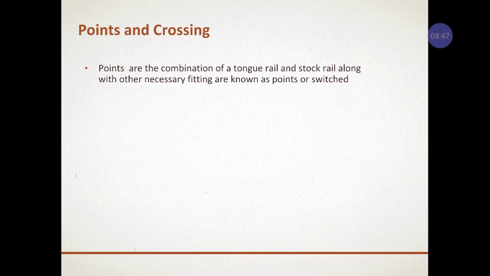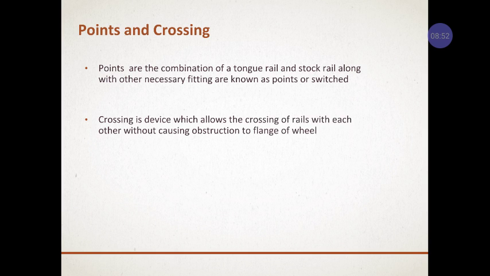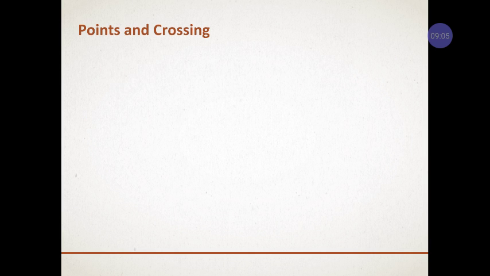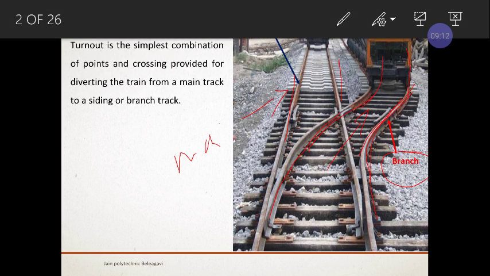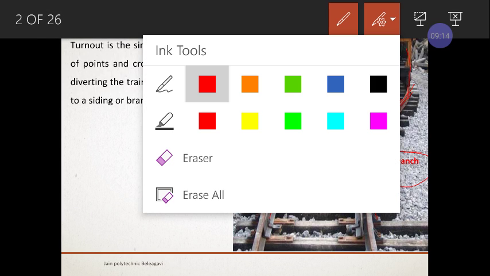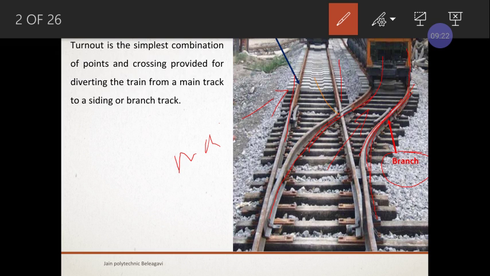So just understand the combination of stock rail and tongue rail with other necessary fitting arrangements is called switches or points. Next, a crossing is a device which allows the crossing of the rails with each other without causing obstruction to the flange of the wheel. If you see in the previous slide, there is a cut shown.